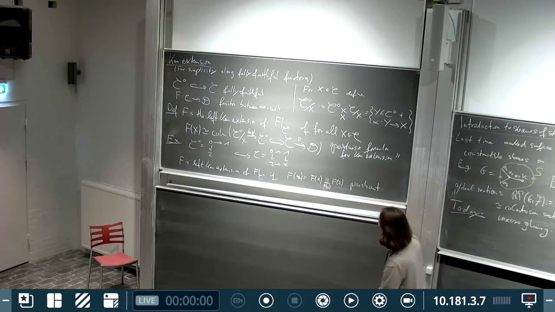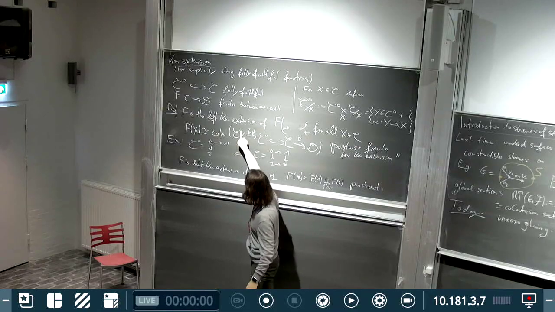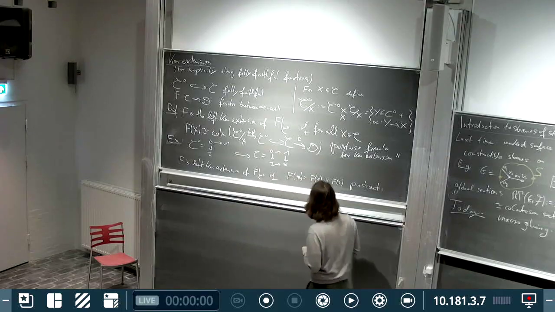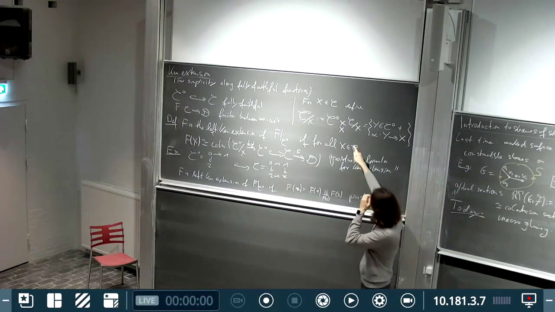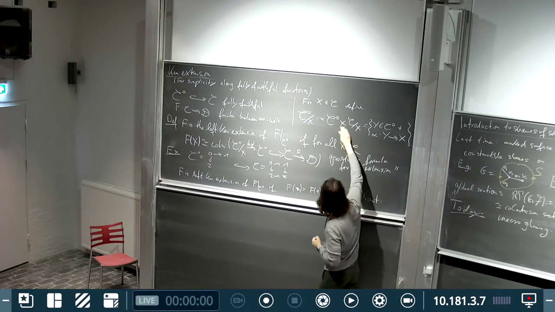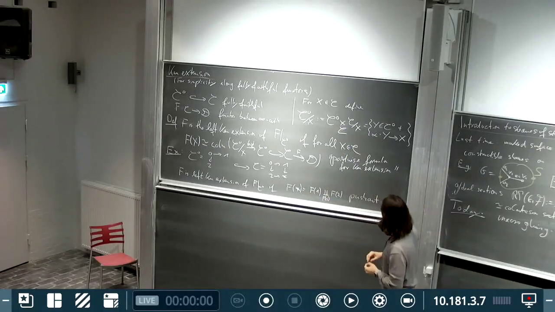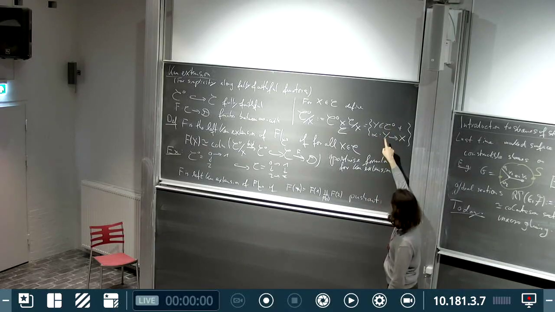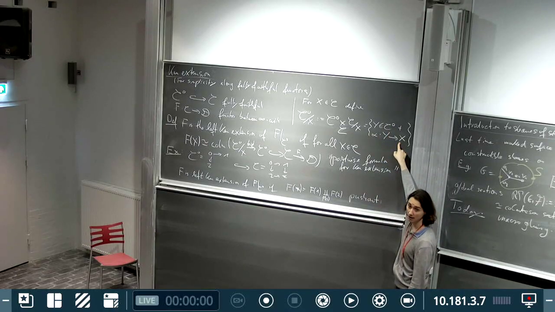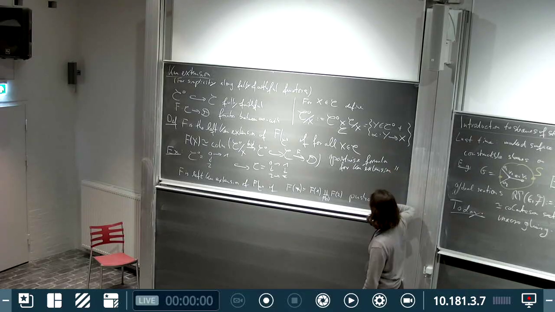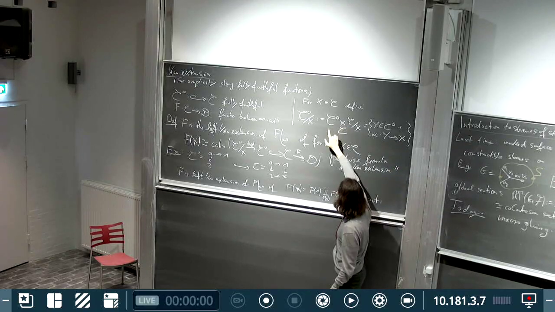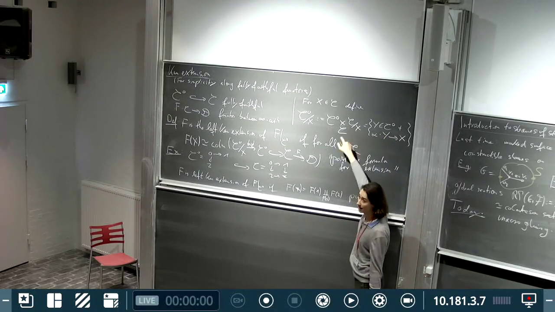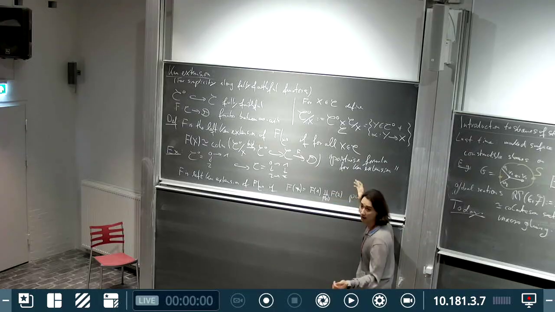So what is this guy? This is C0 over x. This is the so-called relative slice category. It's defined as this pullback. So its objects are objects of C0 plus a map from the object to x inside of C. For instance, if C0 is equal to C, this would just be the usual slice category, but here C0 is a subcategory of C, so it's like a relative version.